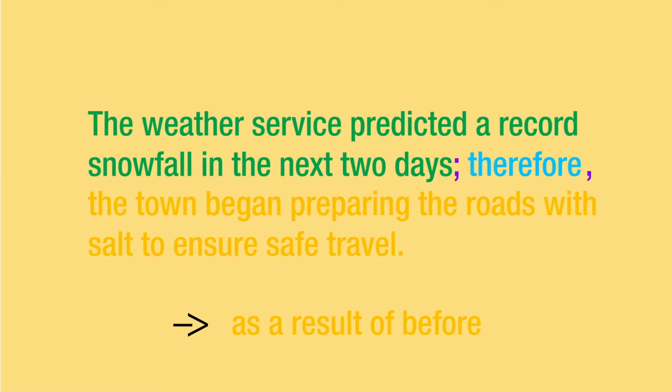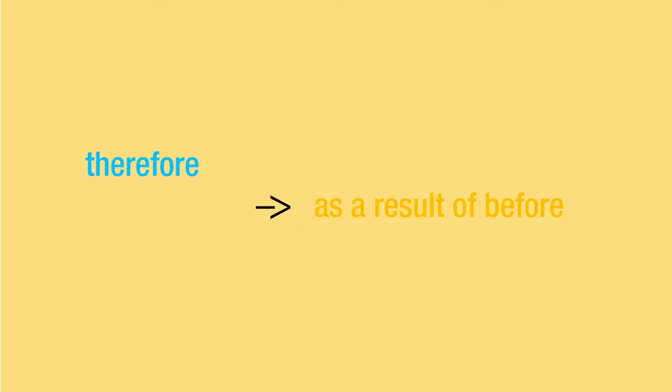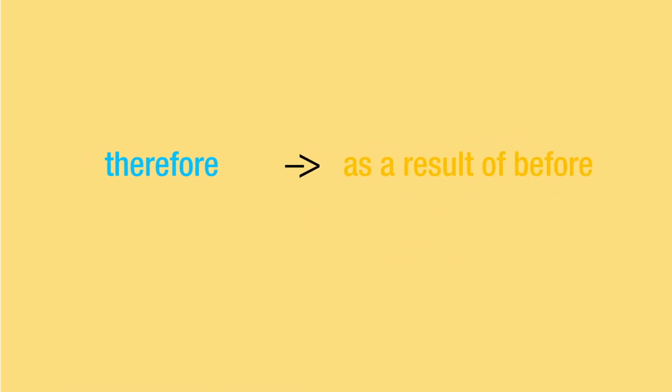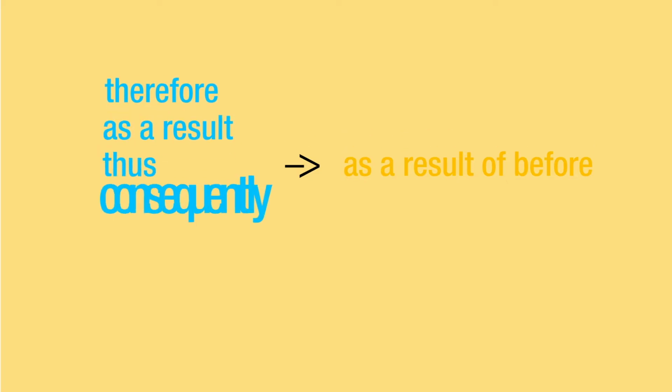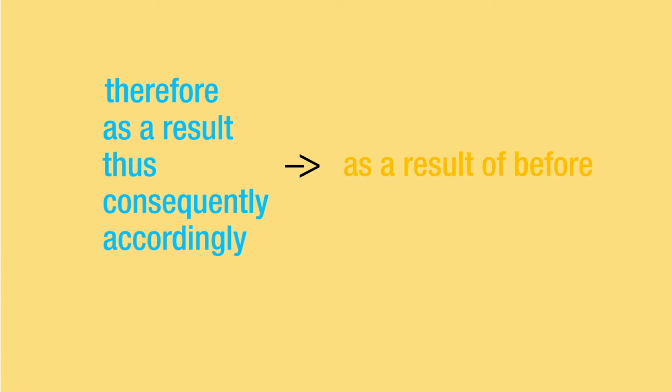So the kind of information changed because the kind of transition word changed. Other transition words that also let you know that a conclusion or a result is coming would be therefore, as a result, thus, consequently, and accordingly.